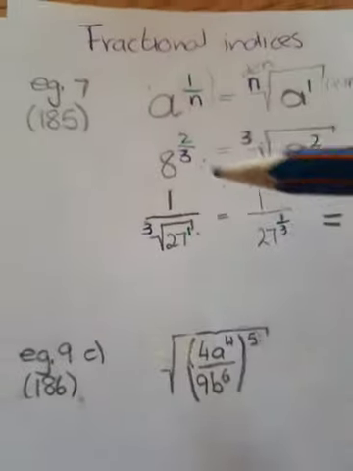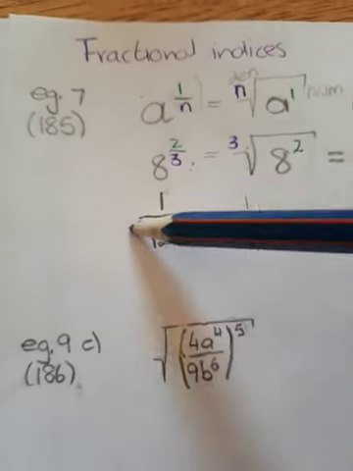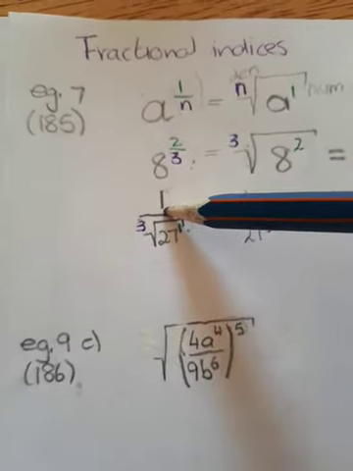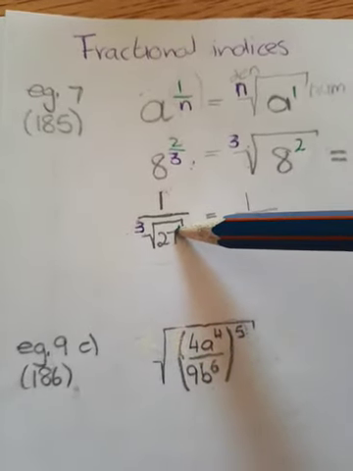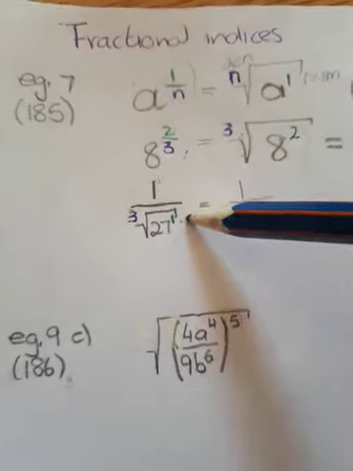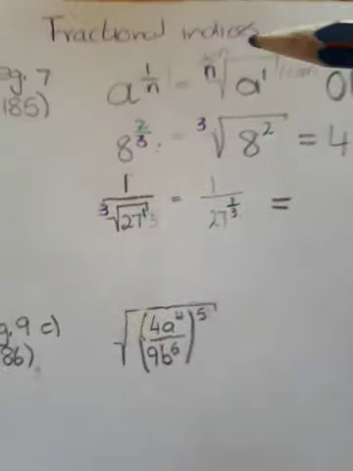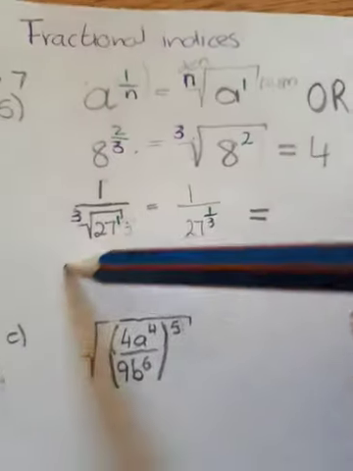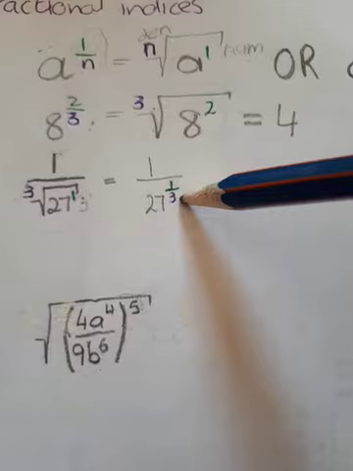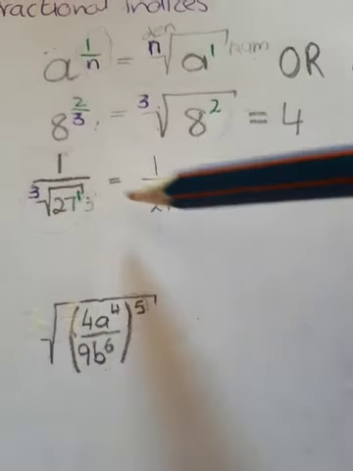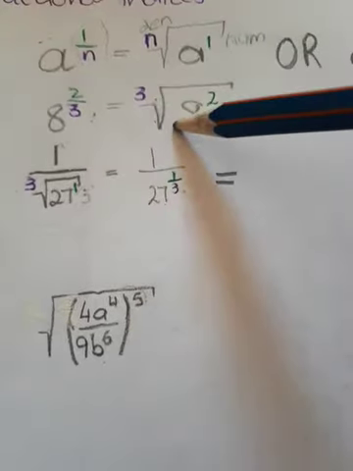In another example, we now have a fraction and the denominator is the root. So remember now, the 27 goes to the power of 1, and then you divide that by 3. That's basically how you change the cube root to a fractional index. So you can change the root to a fractional index, or you can change the fractional index to a root.